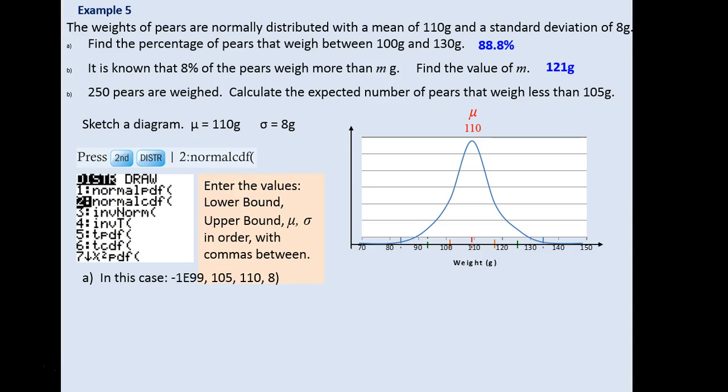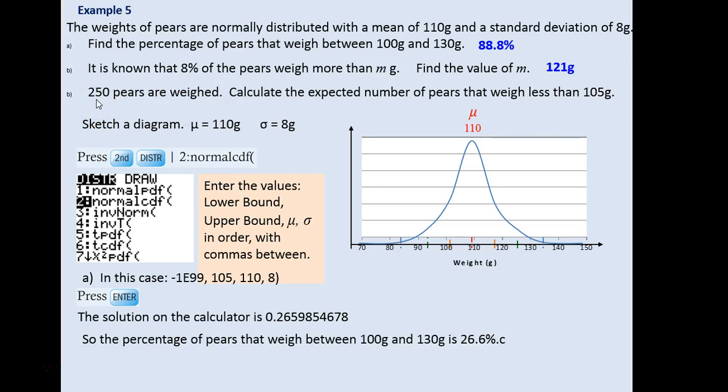If it's less than 105, that means to the left we are headed towards negative infinity. The upper bound is 105, the mean and the standard deviation. This gives you the percent. Do not round that off. Keep that exact number and just multiply it times the 250 that were tested to get your amount of pairs that they'll be referring to here.